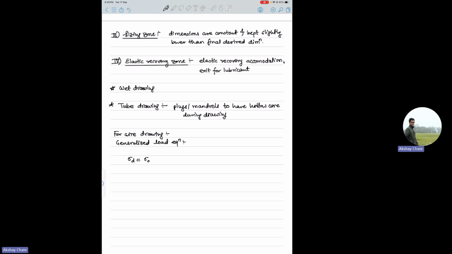Okay, and you'll have this 1 plus b by b factor, and then you'll have 1 minus a final divided by a naught raised to b, plus sigma b into this a final by a naught into b.